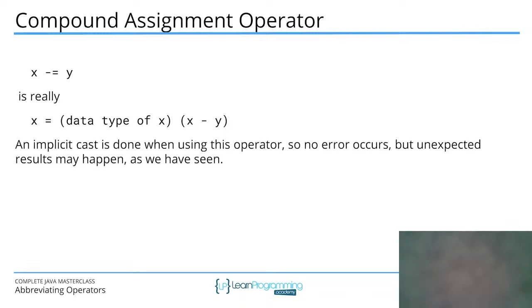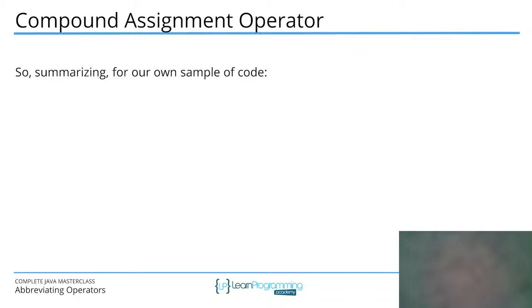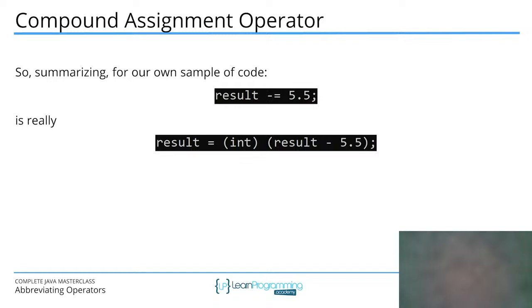An implicit cast is done when using this operator so no error occurs, but unexpected results may happen, as we have seen. So summarising for our own sample of code, result minus equals 5.5 is really result equals int in parentheses, result minus 5.5 in parentheses.